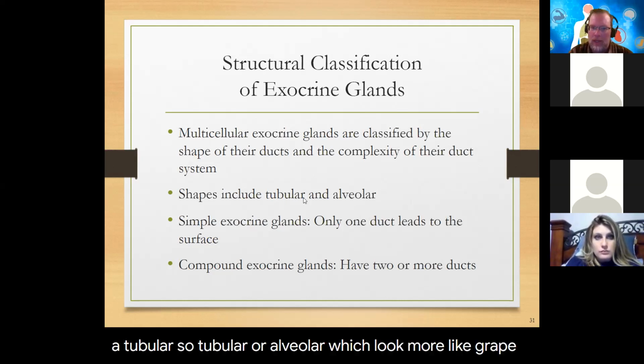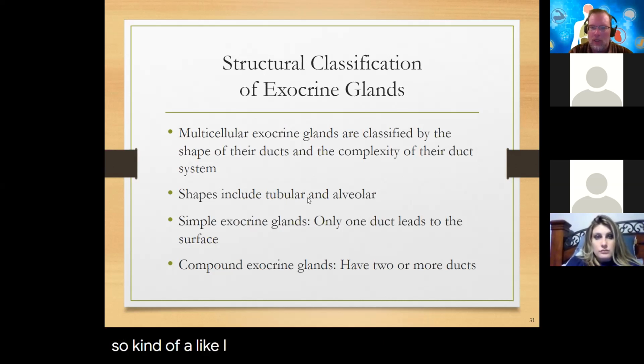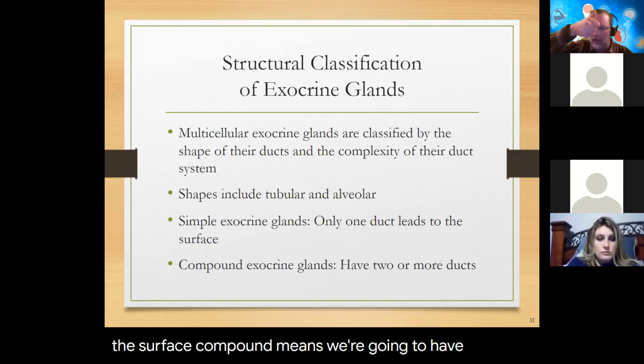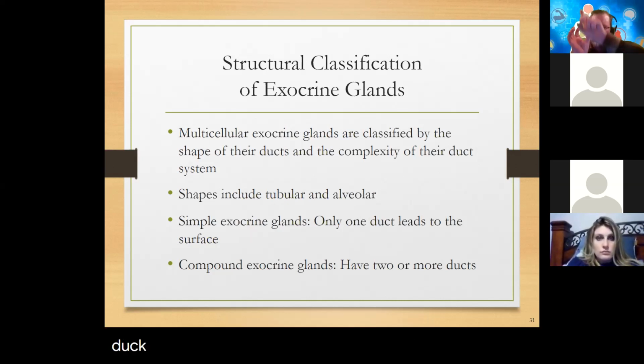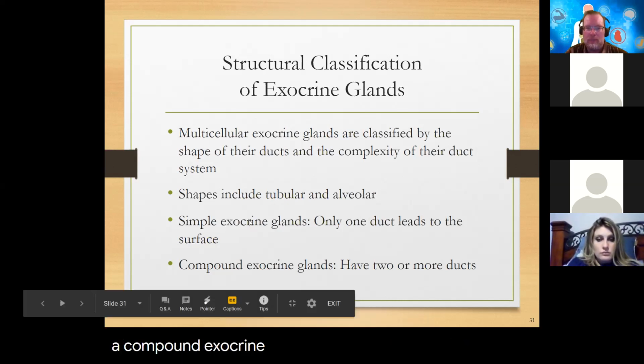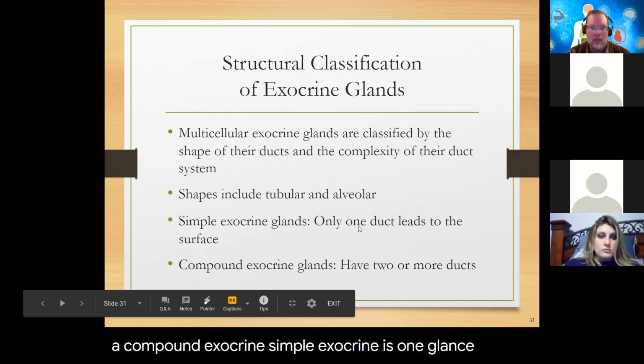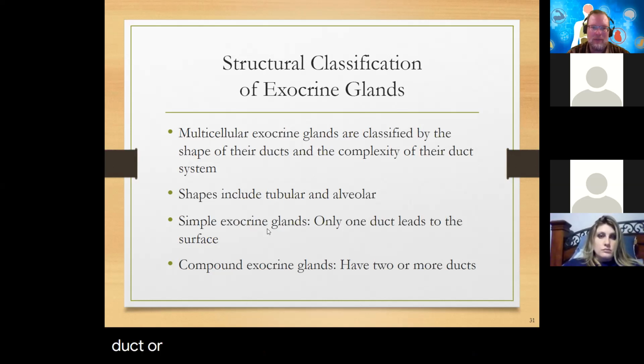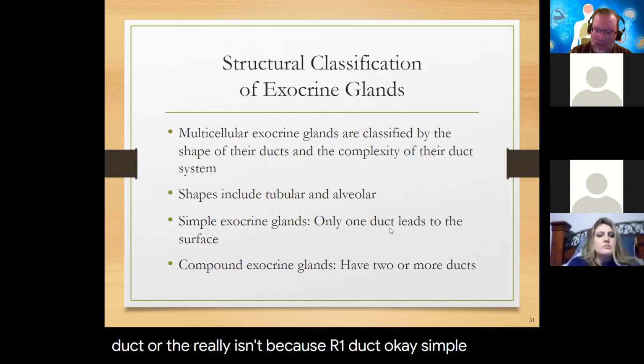So like a tube versus some kind of a grape appearance. Simple means there's one duct that goes to the surface. Compound means we're going to have multiple ducts. So you could have one gland with multiple ducts. That's a compound exocrine. Simple exocrine is one gland, one duct.